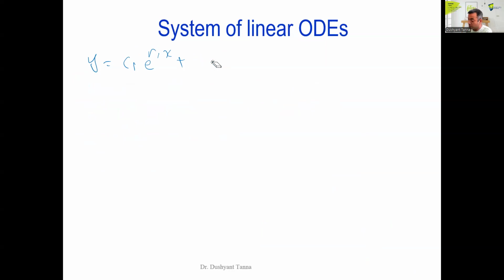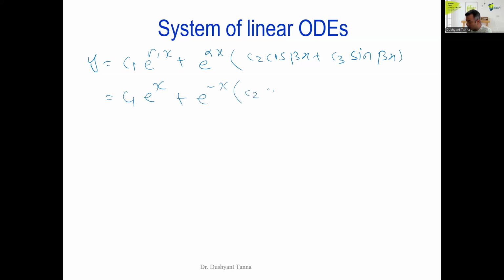Whenever it's complex, we follow the alpha approach: e raised to alpha x, C2 cos beta x, C3 sine beta x. So that is C1 e raised to x, because your R1 is 1, e raised to alpha x, alpha is minus 1, C2 cos beta x, which is root 2x, C3 sine root 2x.